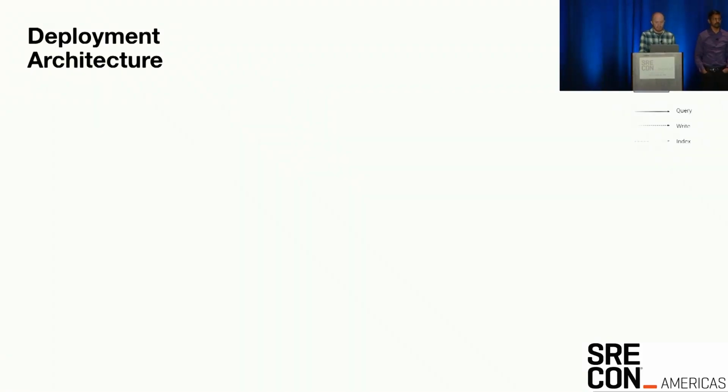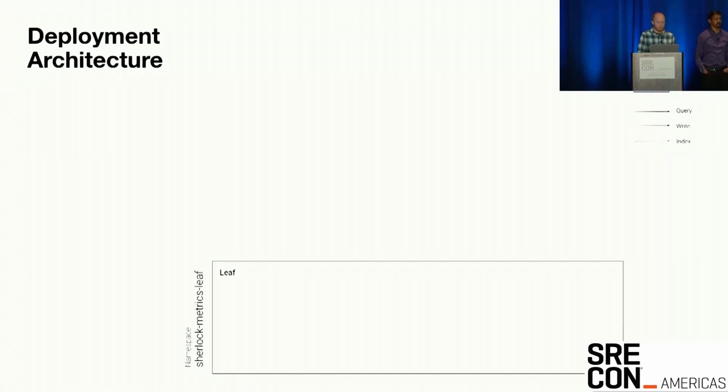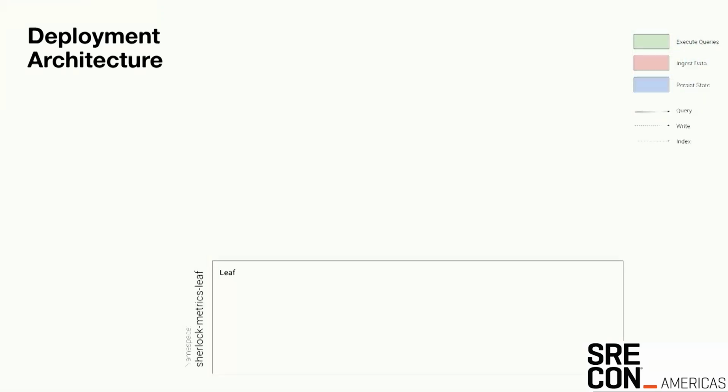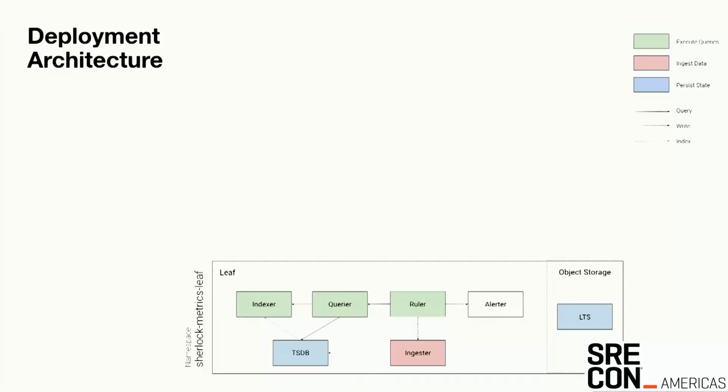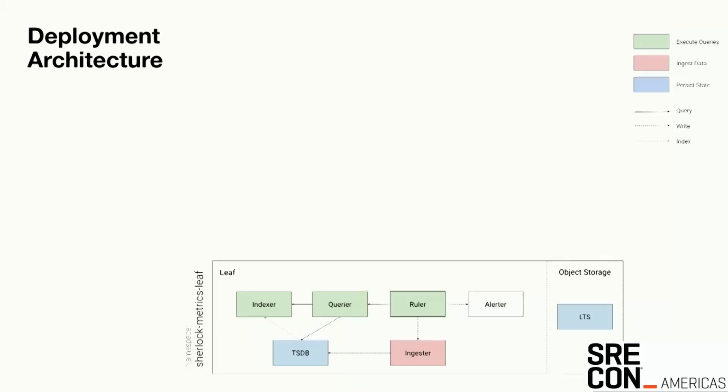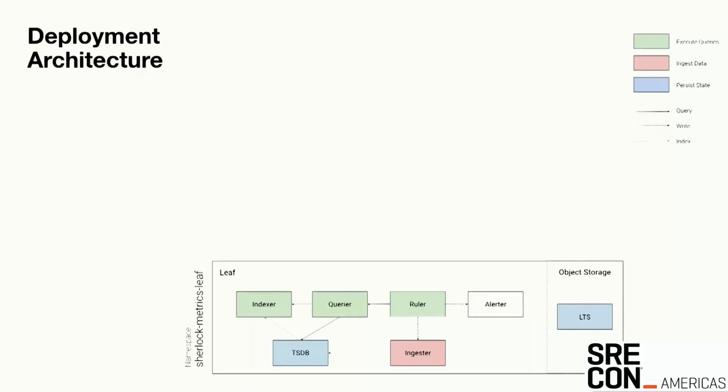So getting into an example of the deployment architecture, we first have this notion of a leaf, which is basically the lowest tier that you would have. In this case, it may represent a particular Kubernetes cluster. That's where all the data, all the applications and infrastructure in that particular Kubernetes cluster would reside in storage in that Kubernetes cluster. So that's where ultimately we're spreading out all the resource utilization across our infrastructure.